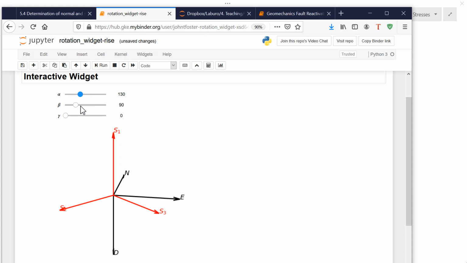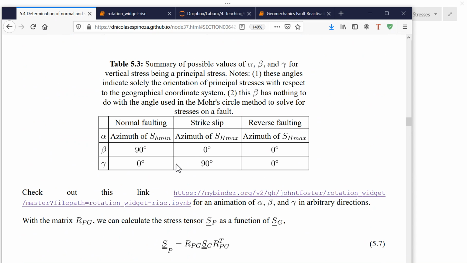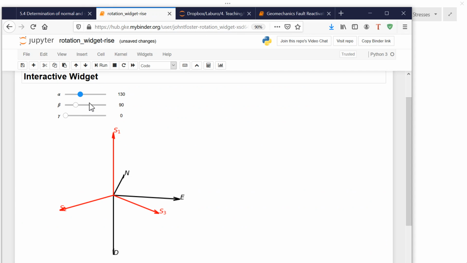And the last case is strike slip, which is going to be the opposite. So beta is going to be equal to 0, gamma is going to be equal to 90.